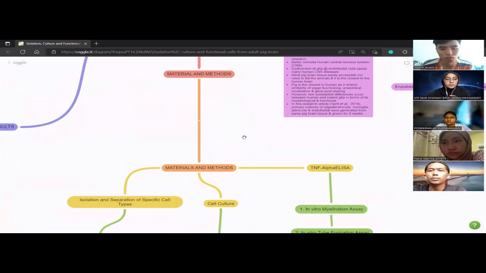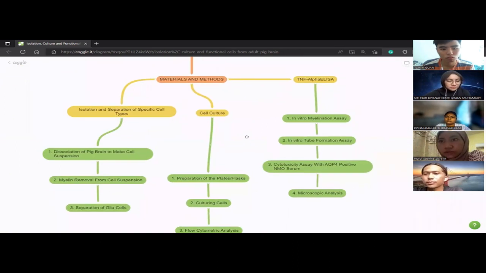Thank you. All right, thank you for the materials. Since it is impractical to put all the materials in the mind map, I will speak briefly about the materials needed in this experiment, from the smaller parts to the bigger parts.